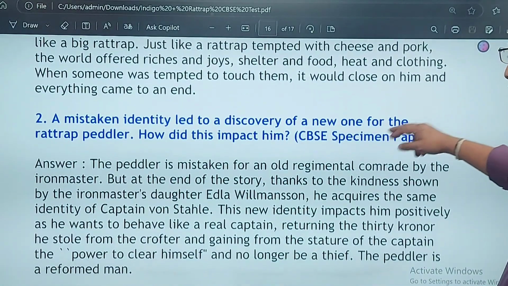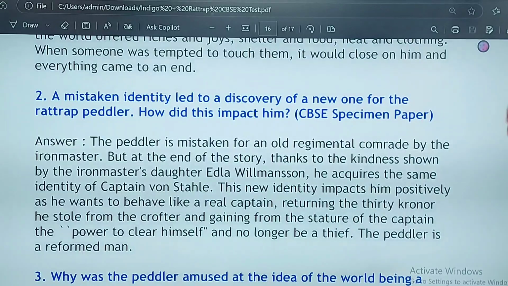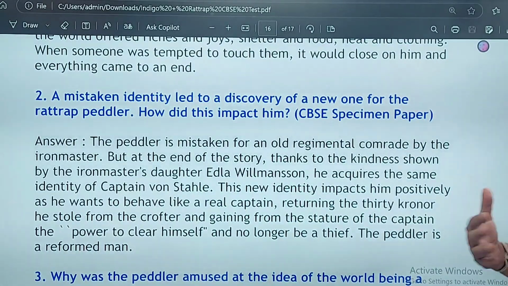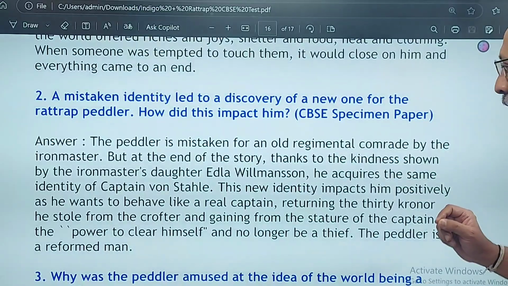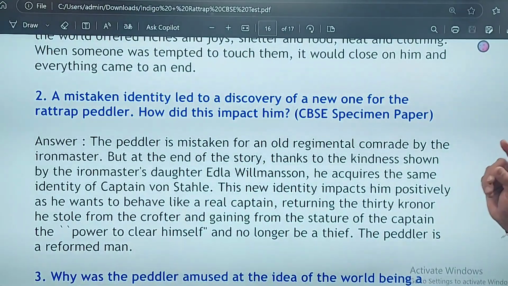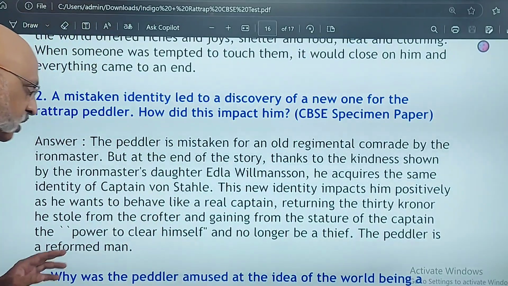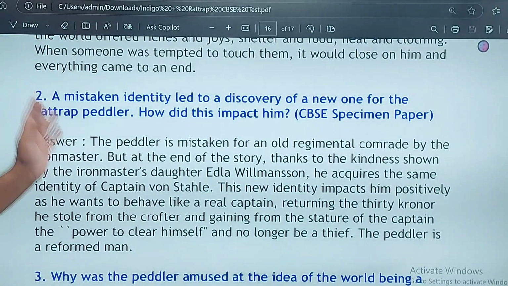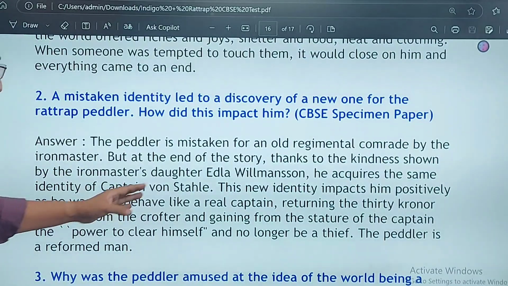A mistaken identity, this is from the CBSE specimen paper, led to the discovery of a new one for the rat trap peddler, because he signs off as the captain. How did this impact him? He's mistaken for an old regiment comrade by the Iron Master, but at the end of the story, thanks to the kindness shown by the Iron Master's daughter, he acquires the same identity of Captain von Stahle. Please remember that you need to stick to the word limit as far as CBSE is concerned, unlike state boards, where they are okay with long answers.